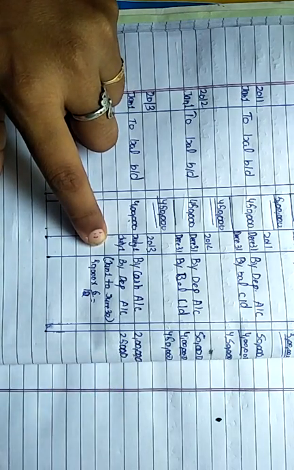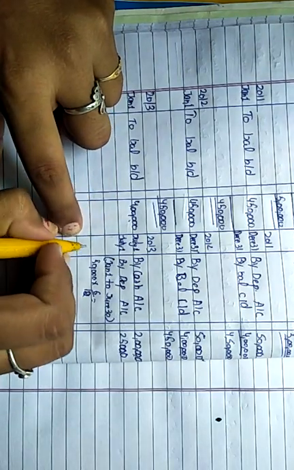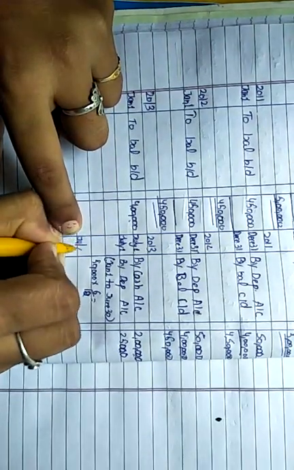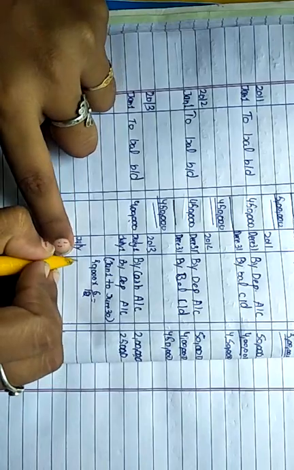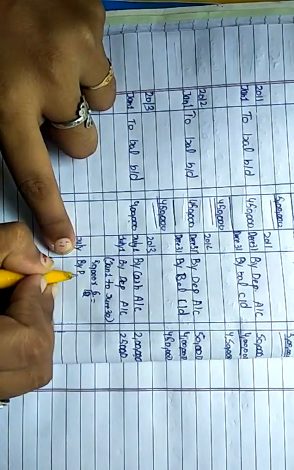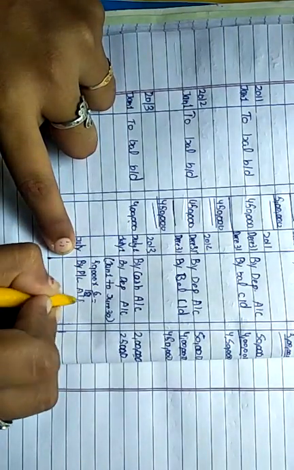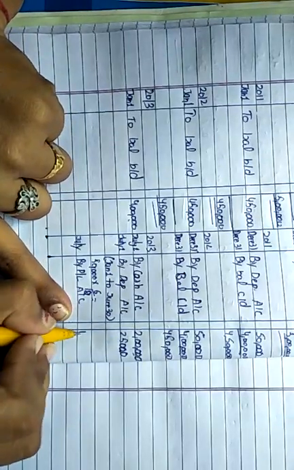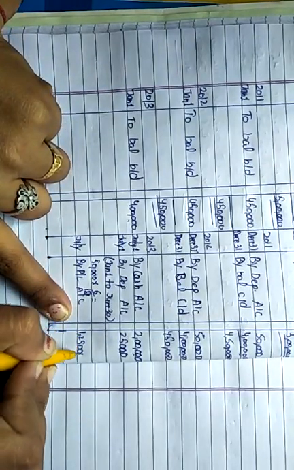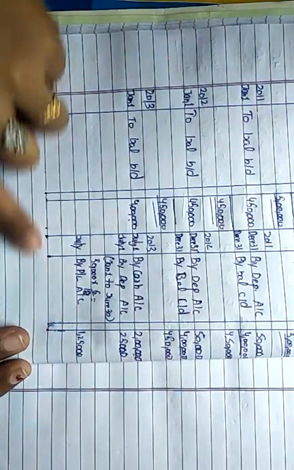So loss is there. So for July 1st, the loss we write by profit and loss account, and the loss amount is 1,25,000. Okay, I will show you how we calculated the loss.